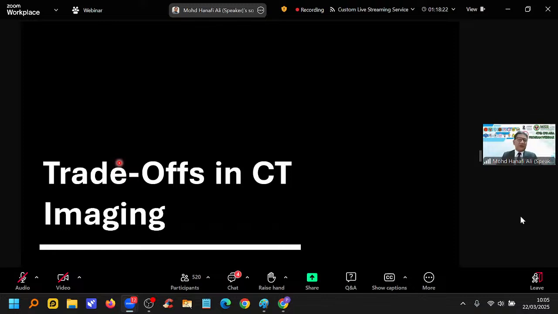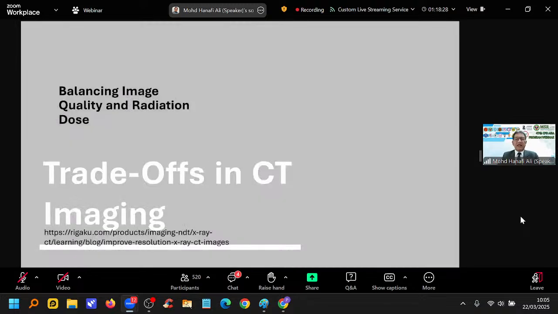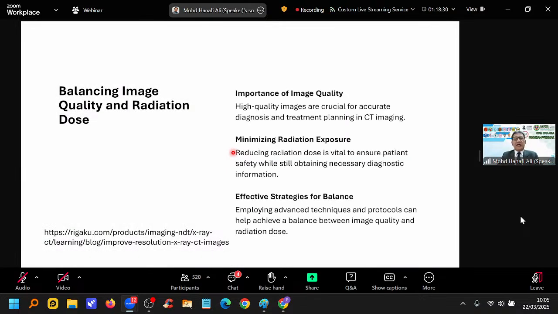Ladies and gentlemen, Doctor, Professor, this trade-off in CT imaging can be considered if we really take care of this. To start, to accept the examination from the patient, normally from the doctors referred to our medical imaging department, it is normally filtered by the radiologist or registrar to say yes or no to that particular examination.